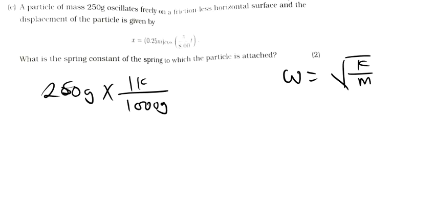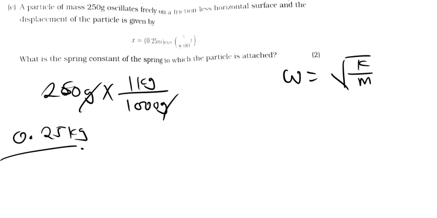There is 1 kg. So gram and gram will cancel. So I'll end up having 250 divided by 1000, which is 0.25 kgs.